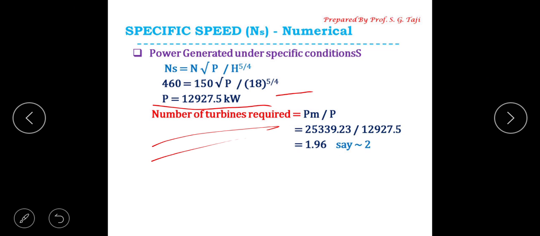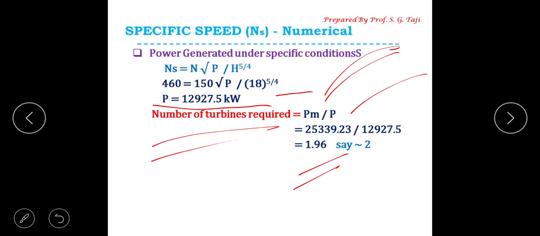Number of turbines required is nothing but PM divided by P. PM is for the general turbine, whereas P is the power corresponding to the specific speed. Therefore, number of turbines is equal to the first value of power divided by the second value, that will be equal to 1.96.